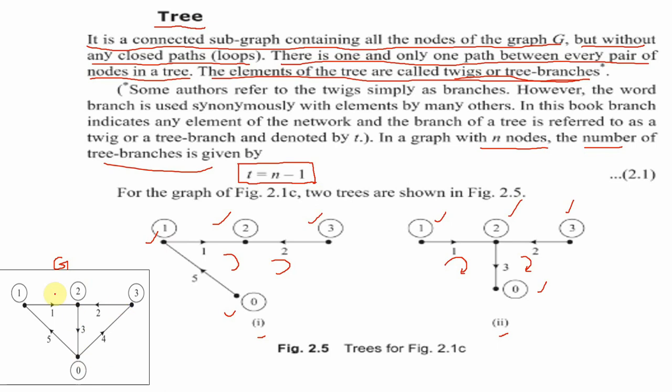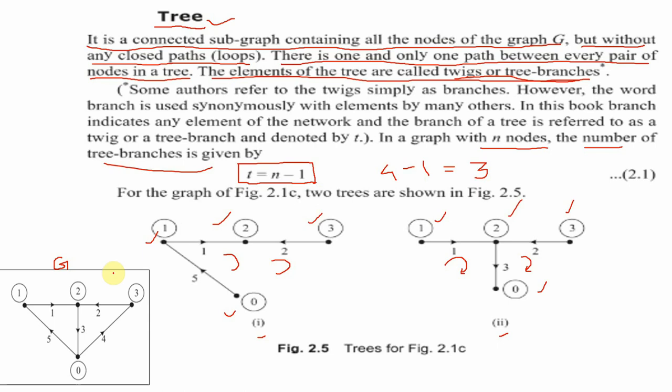For example, here the total nodes are 4, so 4 minus 1 means a total of 3 twigs or tree branches are there. Accordingly it forms a tree graph. Here you observe 1 2 3, here also 1 2 3, only 3 tree branches are present. So the condition for a tree is that all nodes should be present but there is no closed loop.